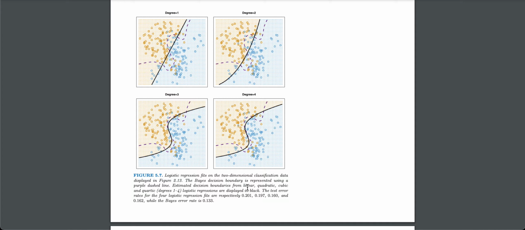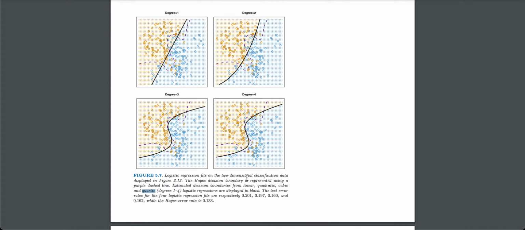The Bayes decision boundary is the purple dashed line. The estimated decision boundary based on logistic regression will be a line, obviously, but if we use quadratic, cubic, or quartic logistic regression, then we will have curved decision boundaries, and we see as the degree increases, the decision boundary becomes more flexible.